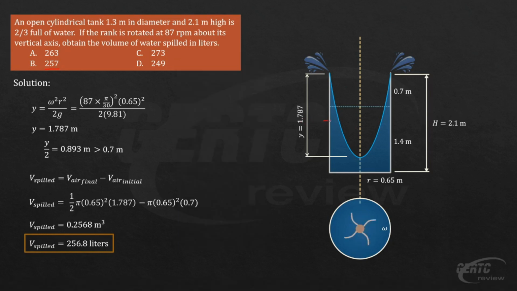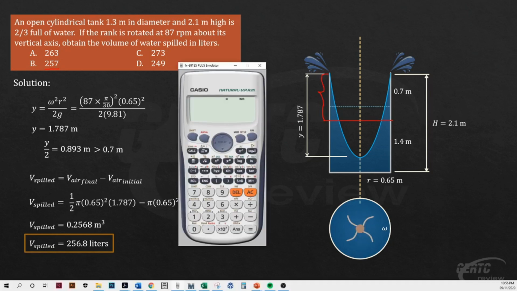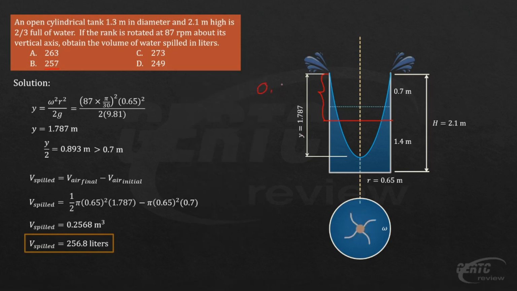Here, our rotation stops. So this depth is half of 1.787. 1.787 divided by 2 is 0.8395. Remember, 0.8395.